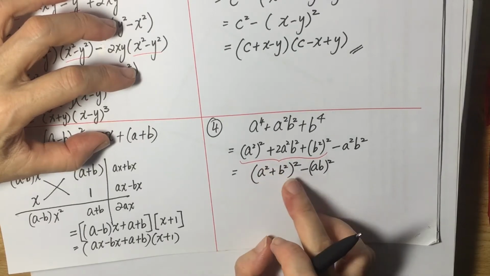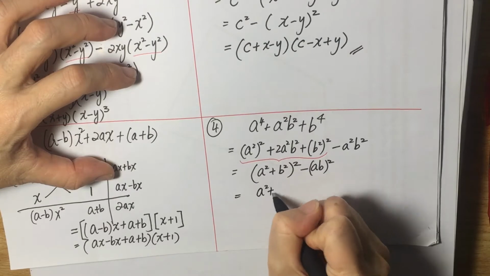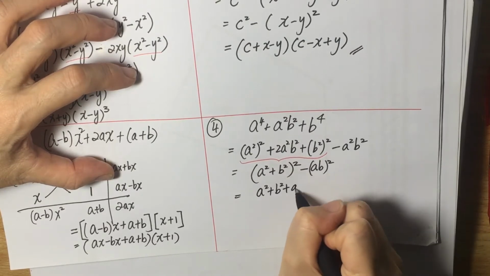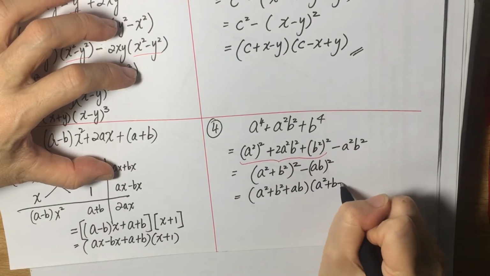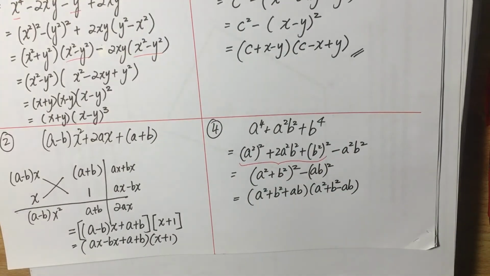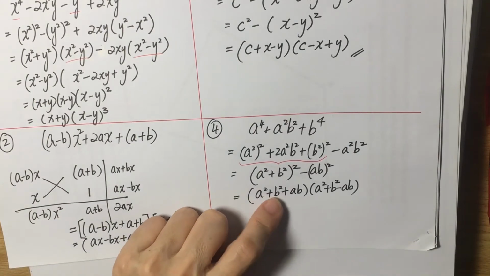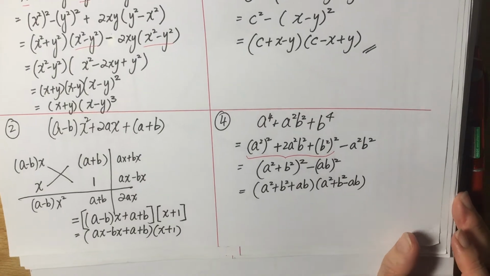This is like my difference of two squares. So I will add the two, I will subtract the two. And that's all. This one cannot combine already. This one also cannot combine already. So that's all for question 4.